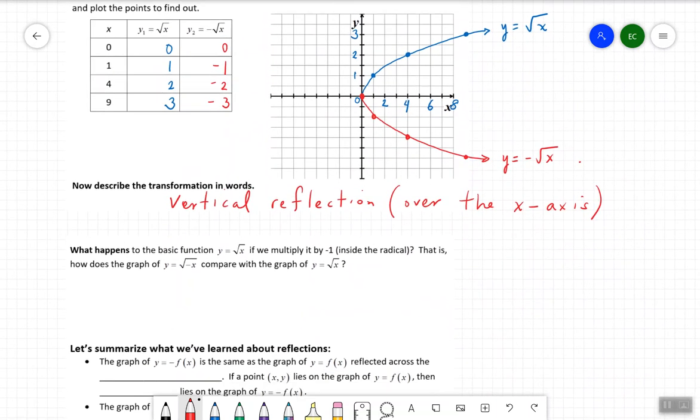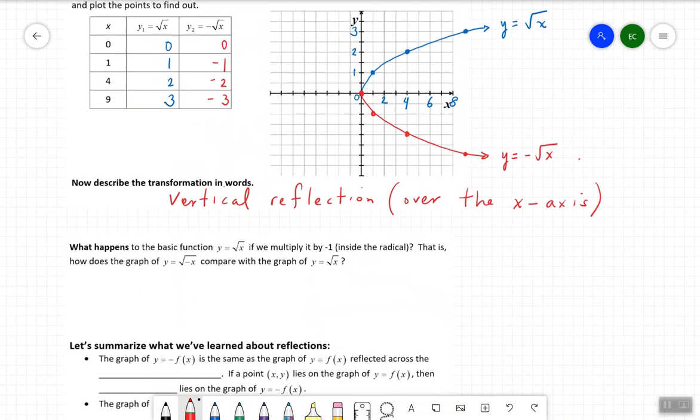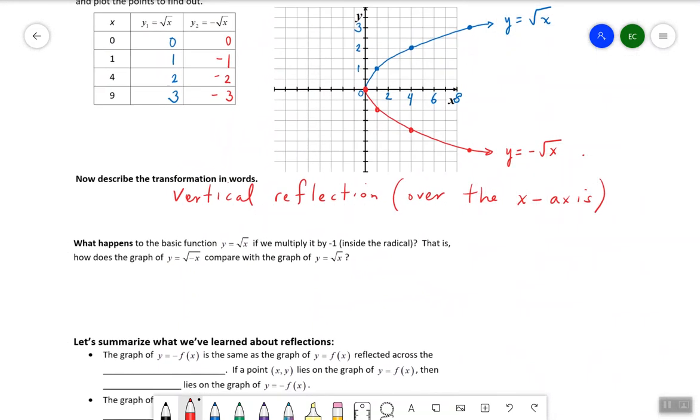Let's move on. What do you suppose would happen now if we multiply by -1 inside the radical, or inside the basic function? Well, remember, inside is a horizontal change, a horizontal transformation.